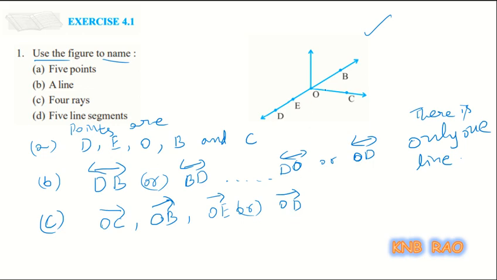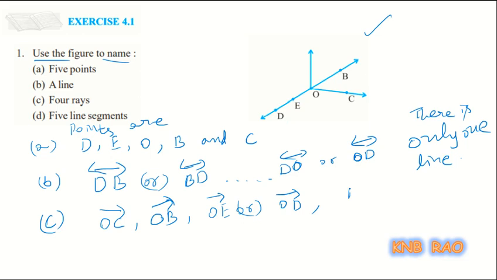Next, can I call with the letters DE, DB, DO, EB, they are all different rays.